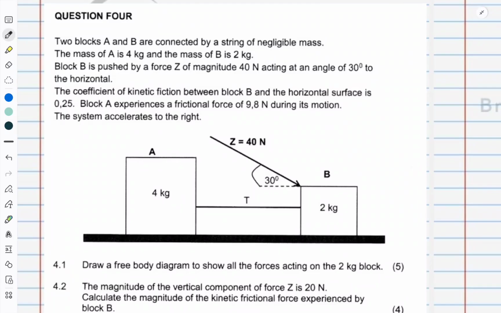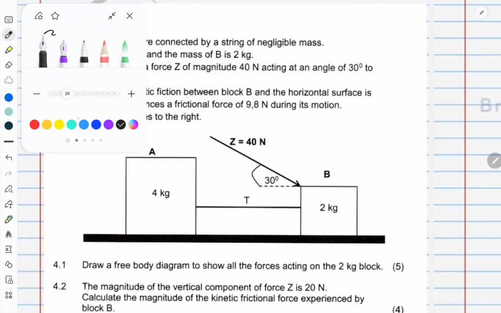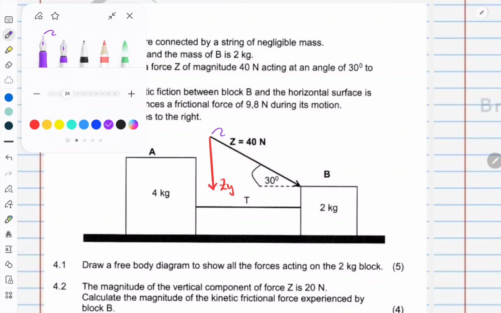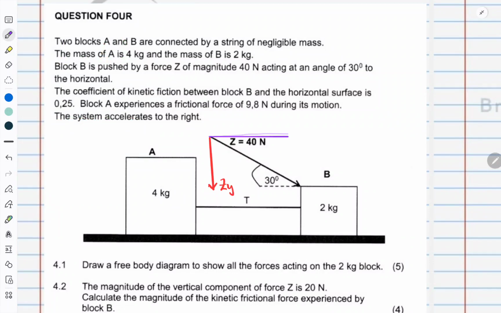If you remember our rule of thumb, as soon as you see a 2D vector, which in this case our vector Z is, it deserves to have components. So it will have component ZY and it will have component ZX like this. We usually draw components from the tail of the vector.